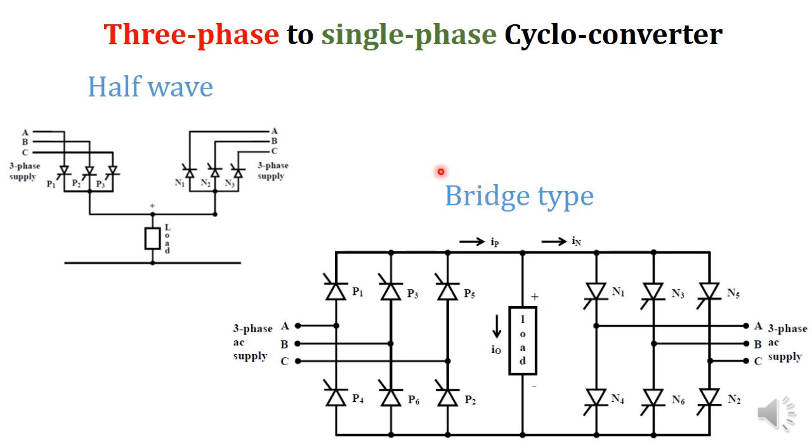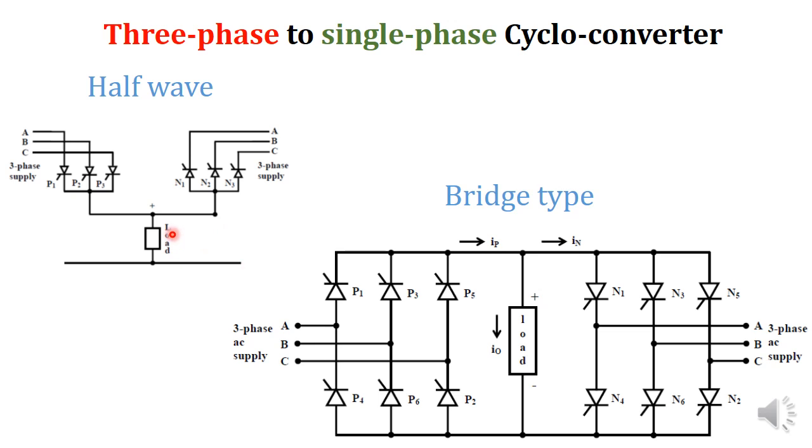Now let's see the operation of a 3-phase to single phase cycloconverter. It also has 2 different configurations. One is the half wave configuration, which has only 6 switches. The positive converter has 3 switches, and the negative converter has 3 switches.